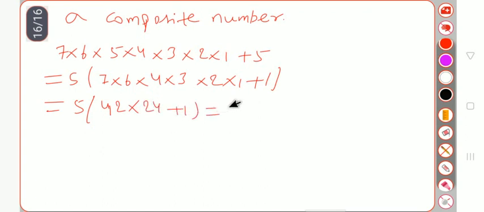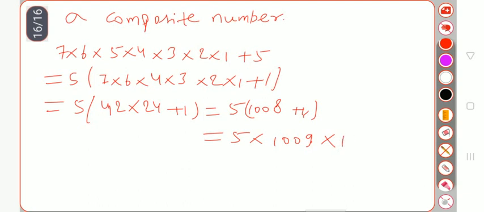We can write it as 5 into 24 into 42: 2 times 24 is 48, carry 4, 4 times 24 is 96, so 1008 plus 1. So it will be 5 into 1009. We can write it as 1 also here.